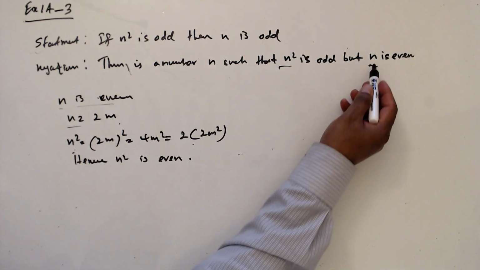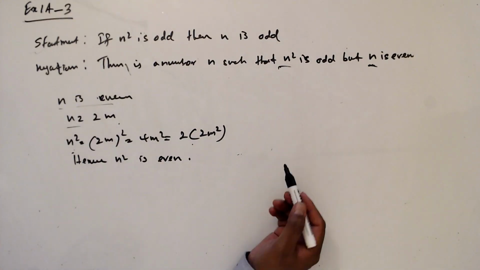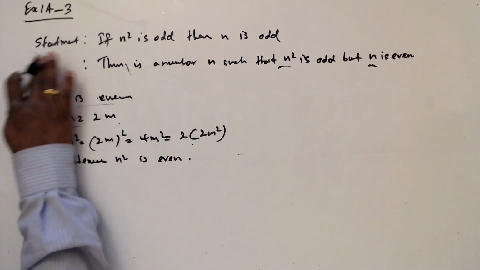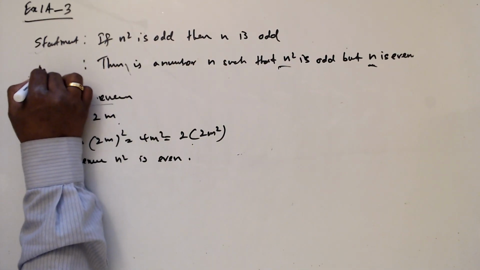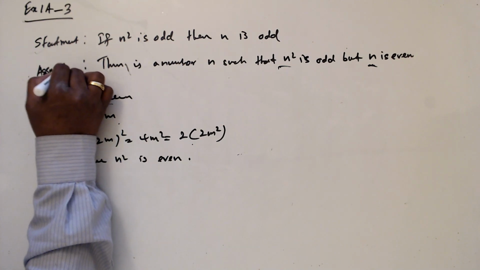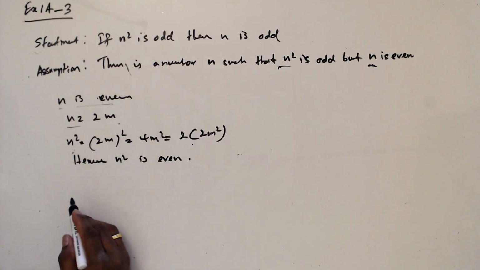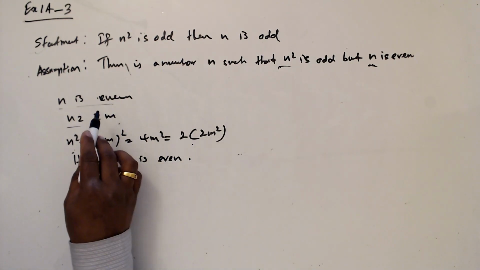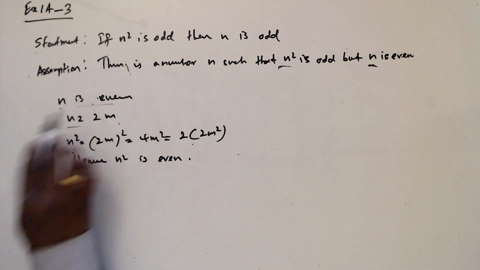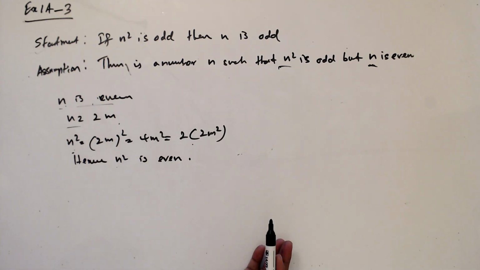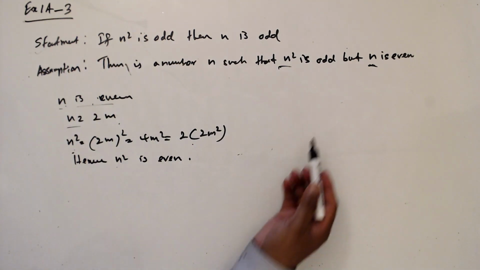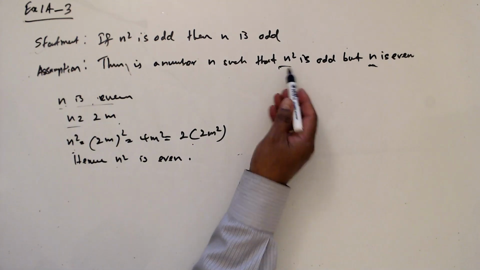But the assumption says n is even and n square is odd. So instead of negation, I will write assumption. This is a contradiction, because in this calculation, if n is even, we get n square is even. But the statement says n is even, n square is odd.